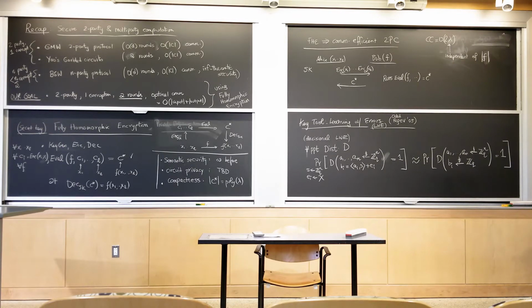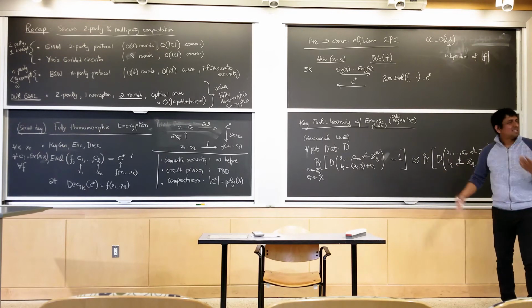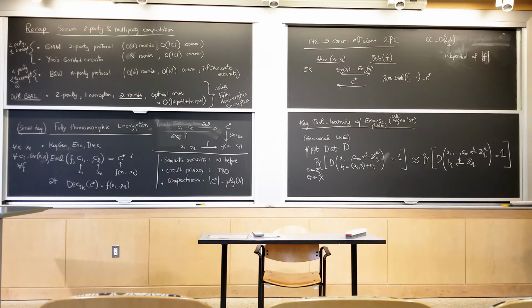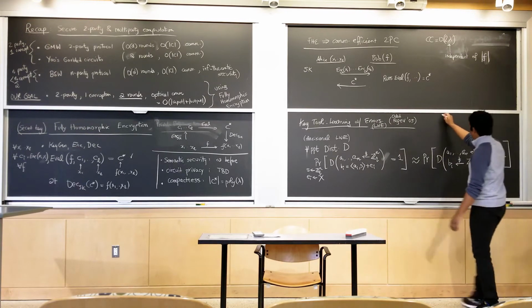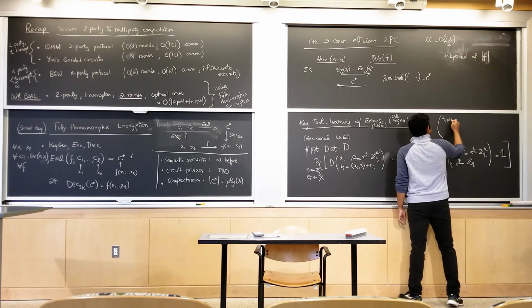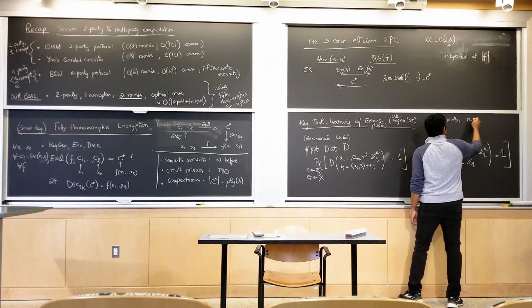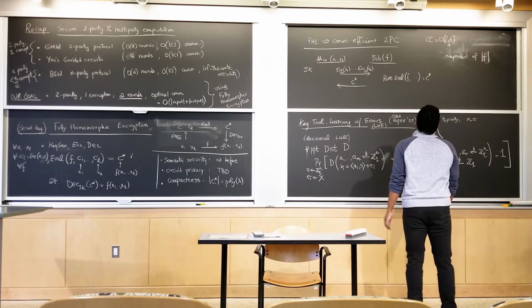So we already saw this. We saw what it takes for this to be secure. We saw attacks. Typically, I would think about n as the security parameter.